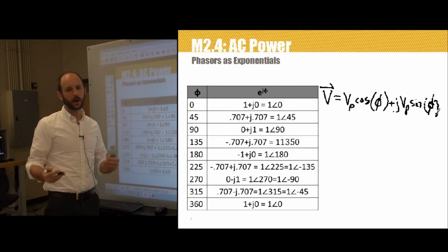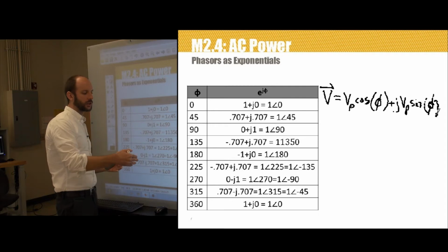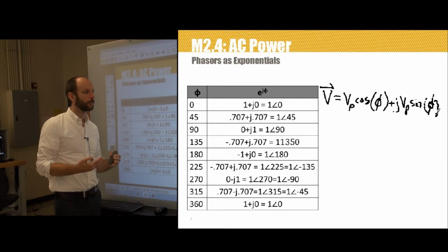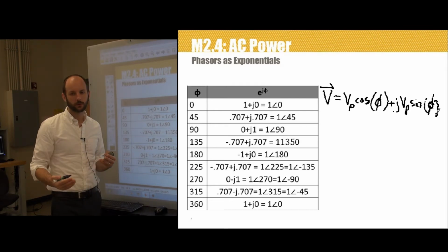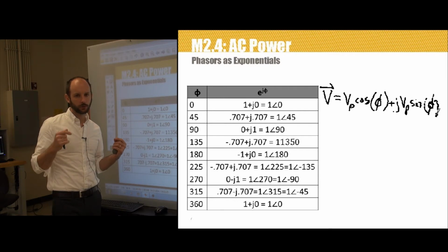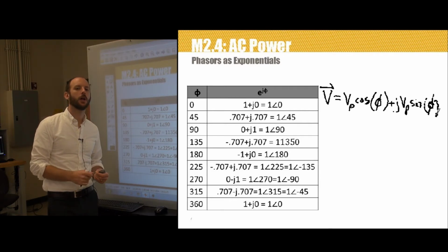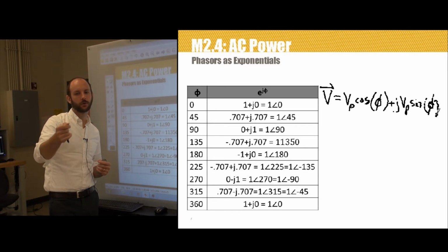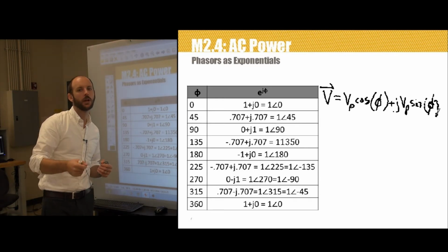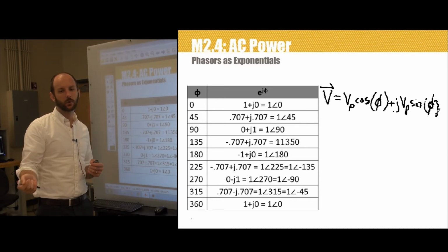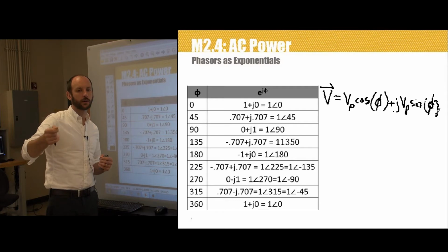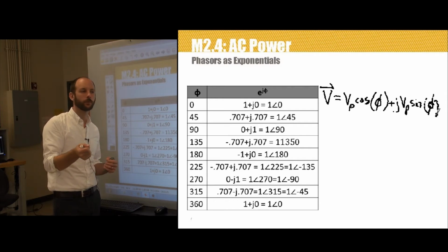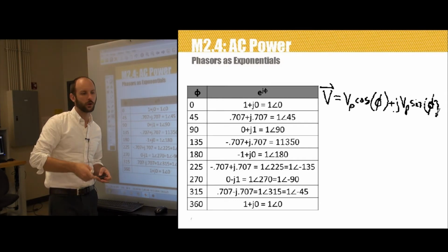I just want you to be aware that that is the notation in my class for power systems: when we're talking about phasor voltages and currents, we're almost exclusively talking about RMS values. Ask for clarification from other faculty members. If they're putting phasor voltages out there and you're not sure if that's the peak value or the RMS value, it is important that you understand their notation. That could vary between the different disciplines. Right? In power systems, though, we're concerned with the RMS phasors.